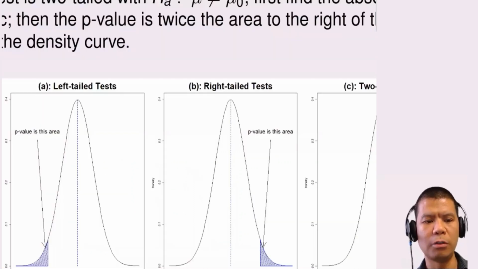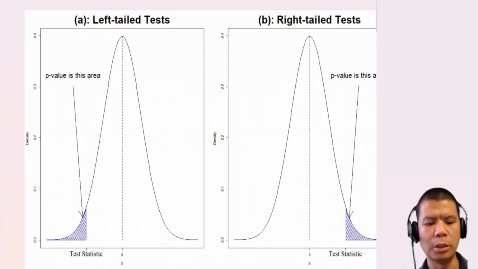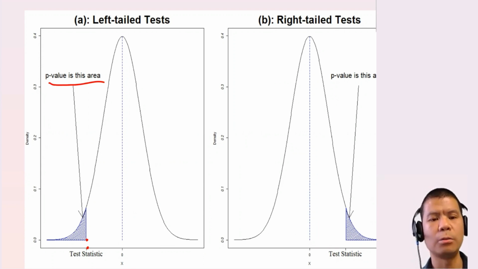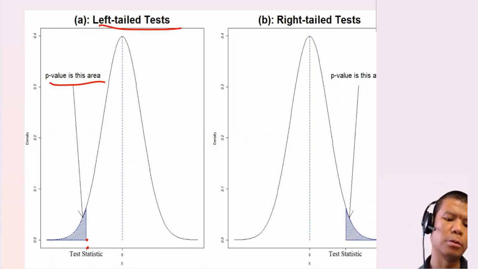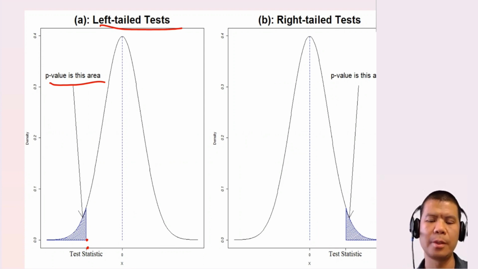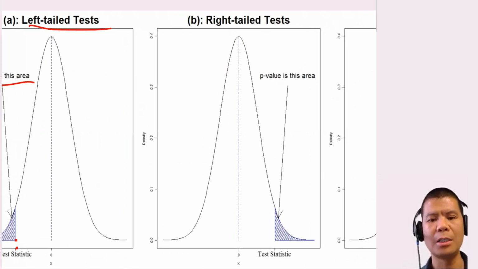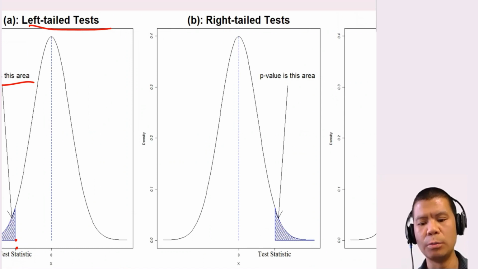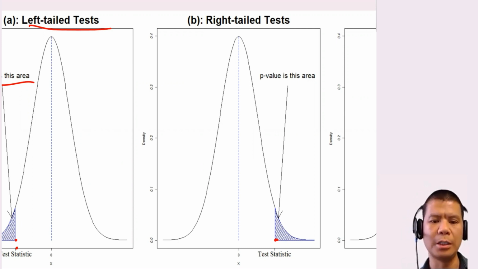After you calculate the test statistic, the p-value is simply this area, the area to the left, because it's a left-tailed test. Now, if it is a right-tailed test, the p-value is the area to the right of the test statistic.